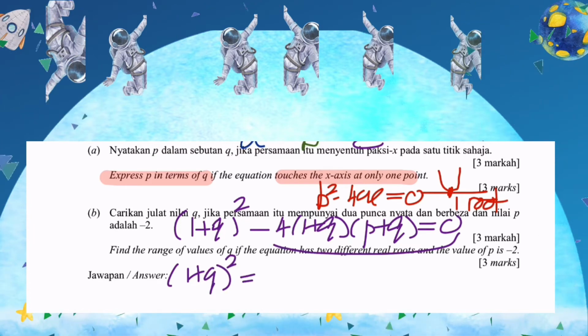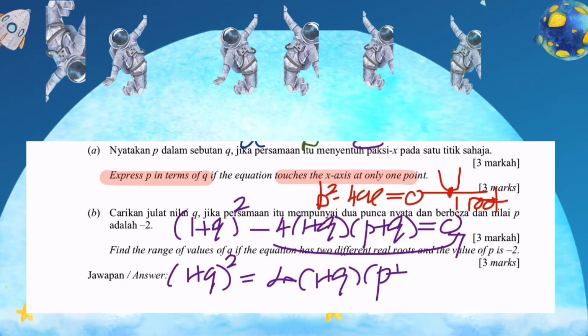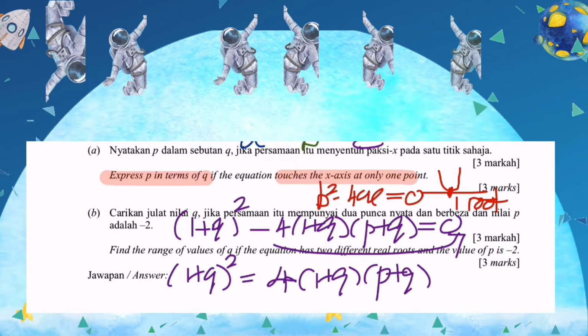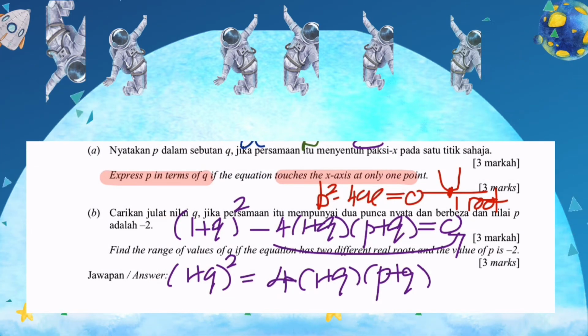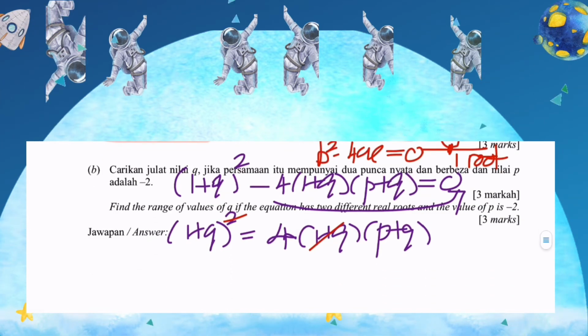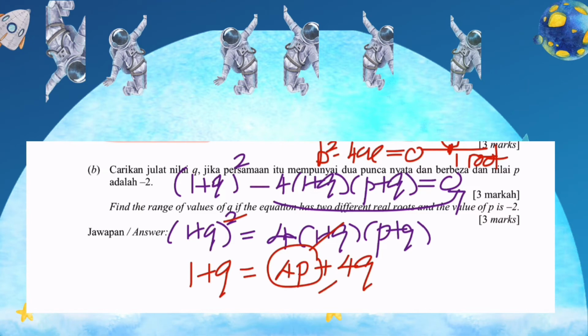In order to express p in terms of q, we need to simplify by shifting the 4 multiplied by (1 plus q) and (p plus q) to the right. Hence, we can cancel out one of the factors 1 plus q. So it looks very simple. 4 times p for p, 4 times q for q.